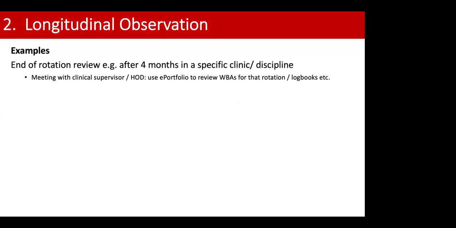And what we want to do is provide that HOD with the EPA for that particular thing. So say, for example, my registrar has gone off and done anesthetics for a month. We want to make sure that the HOD in anesthetics knows that this is what is expected of them to be able to do. And then you can ask them to actually do an entrustment decision on that whole EPA after they have finished that rotation.